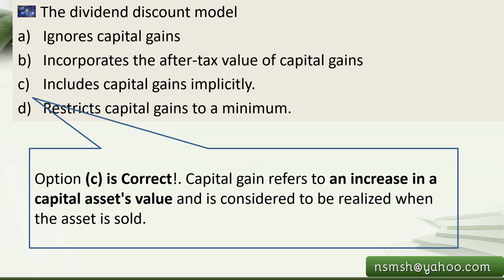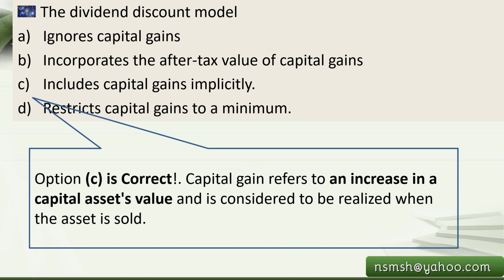But the dividend discount model considers all the incoming cash flow on that stock. So a capital gain also brings a gain value as a cash flow, and it is an intrinsic value that has to take all the cash flow at present value. So that is important. Option A, ignoring capital gains, is not the right answer.